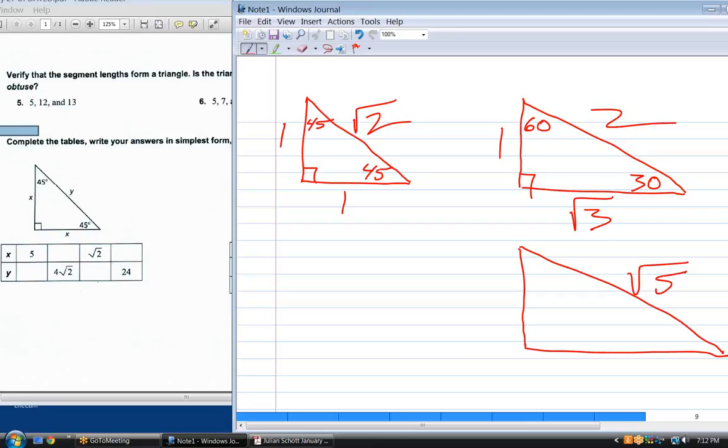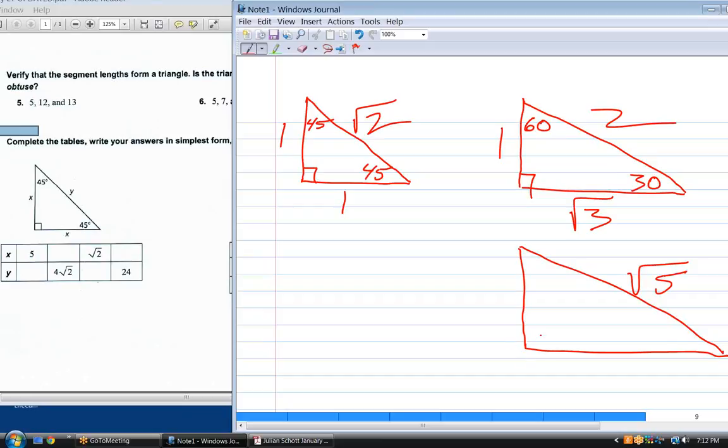Is it bigger than 2 or less than 2? Less than 2? Is it? What's the square root of 4? 16. No, square root of 4 is 2. Oh, 2. Right? So square root of 5 has to be a number bigger than 2. Yeah. So which is the bigger triangle?